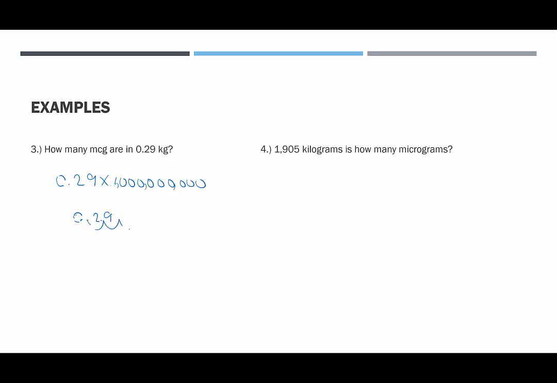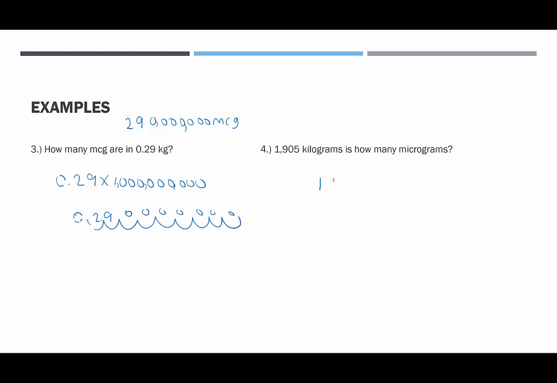So that's 1, 2, 3, 4, 5, 6, 7, 8, 9. Looks like we're going to be adding 7 zeros to this number. So 0.29 kilograms is going to be 290 million micrograms.